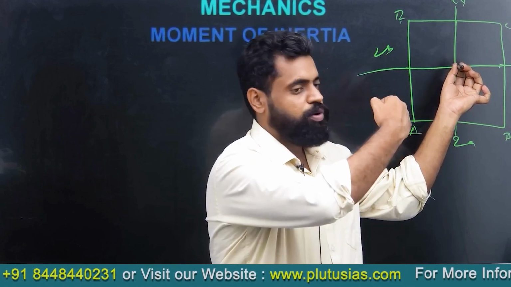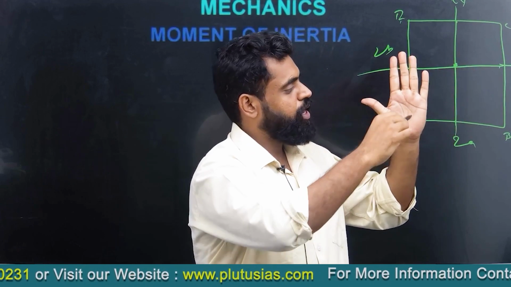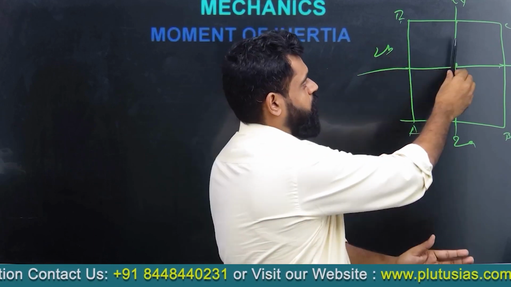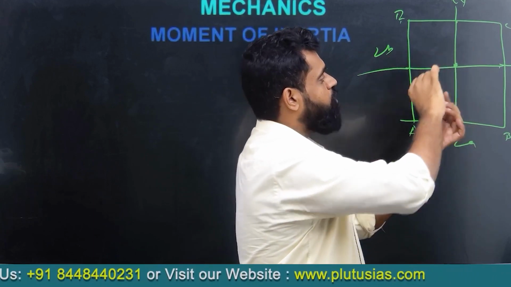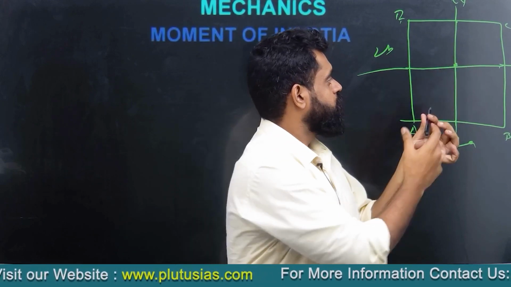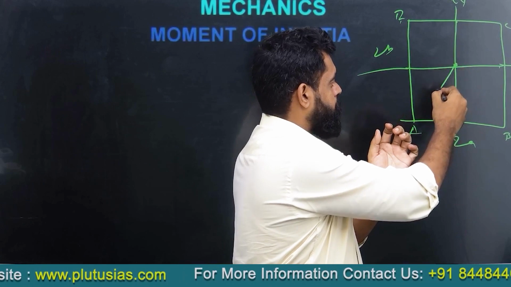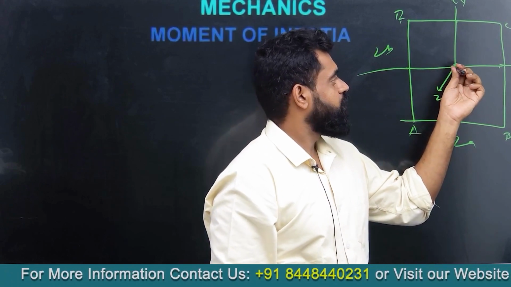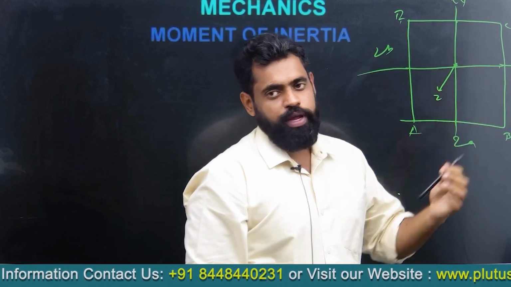Suppose we have calculated from this axis, I want it in the 3D dimension, in the z axis. In case of this z axis, what would be the moment of inertia?